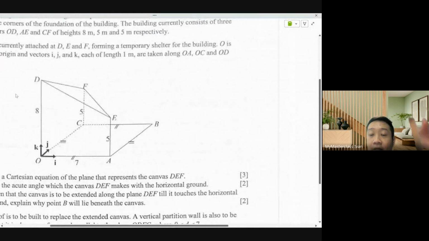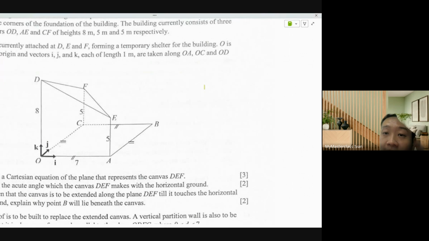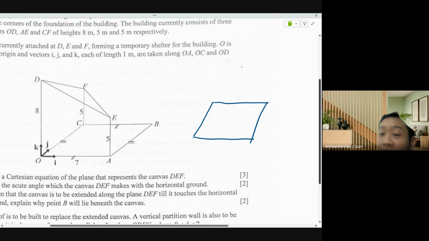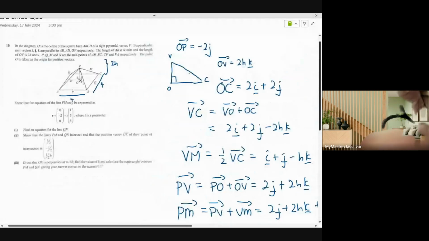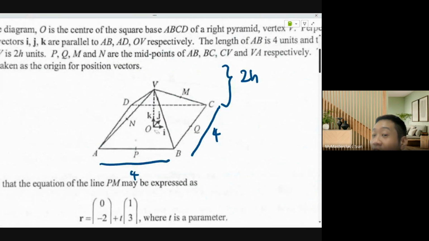Remember there was one question I did for you which talks about a pyramid. This pyramid one is actually a little bit harder. Why? Because of the origin. The origin is from here. Understand or not? Okay, maybe I use that question first to talk about it. I think it's question 10. Can you see the origin is here?